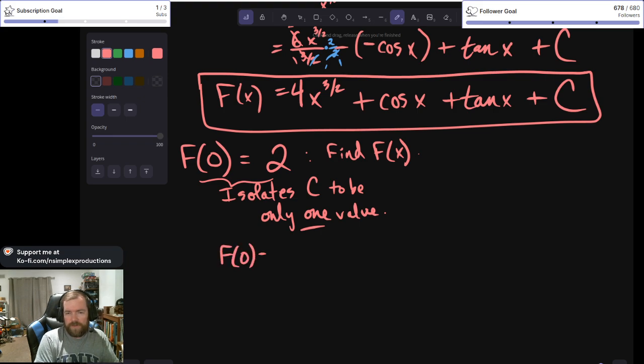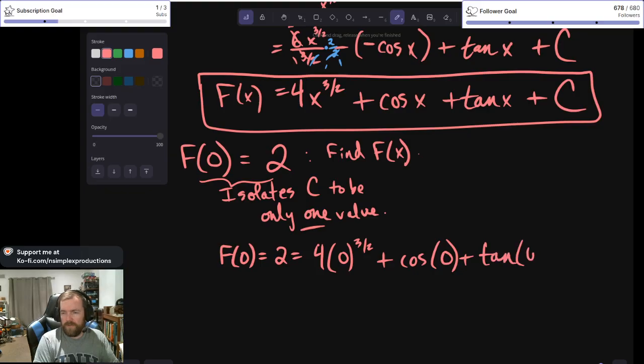So F of 0 is 2, which is equal to 4 times 0 to the 3 halves, plus the cosine of 0, plus the tangent of 0, plus c, equal to 2. So 2 is equal to 4 times 0 to a power, which is still 0, plus cosine of 0 is 1, plus tangent of 0 is 0, plus c.